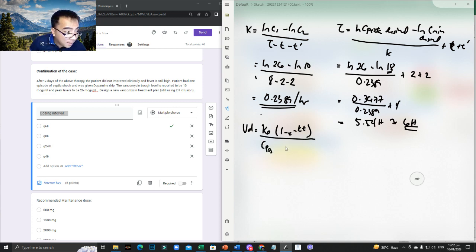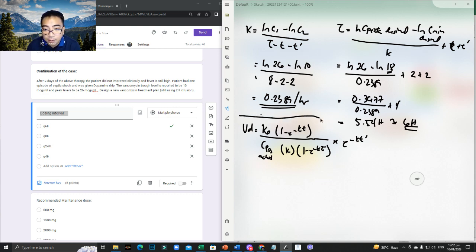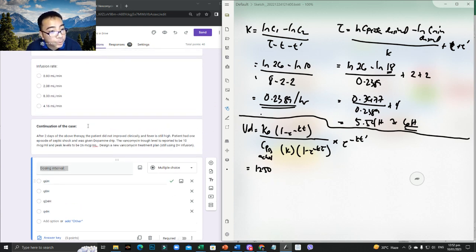Ito yung actual CPSS, which is technically 26 lang din naman. So, natin ito actual times K times 1 minus e negative K tau, times e negative KT prime, or the distribution phase ng ating vancomycin. So, wait lang, para hindi tayo malito. Ang K sub 0 natin, class, would be 1,250, kasi yun yung initial dose na ginamit natin for maintenance dose, right?